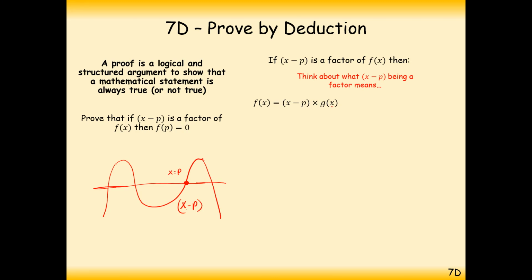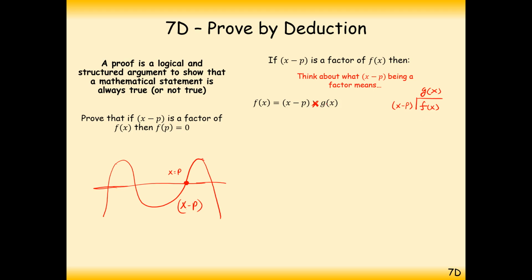So when I multiply that x minus p by some other polynomial, which is the division product, imagine we divided f(x) by x minus p. We did this f(x) divided by x minus p, and we found this g(x). That's the answer to this division. That's where this g(x) comes from.